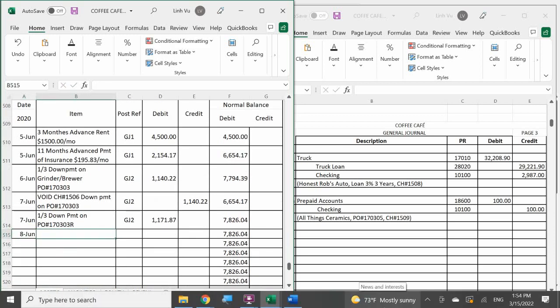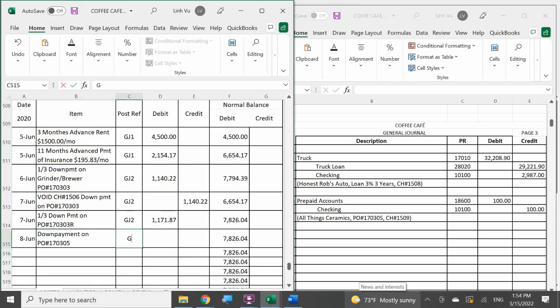Right. We put a down payment on PO number 17305. If you want to put the check number, you can, but that should be good enough. General journal number 3 here. And we put the down payment for $100. So therefore, my total amount in my prepaid accounts has now increased by $100, so it's at $79,2604. Okay.